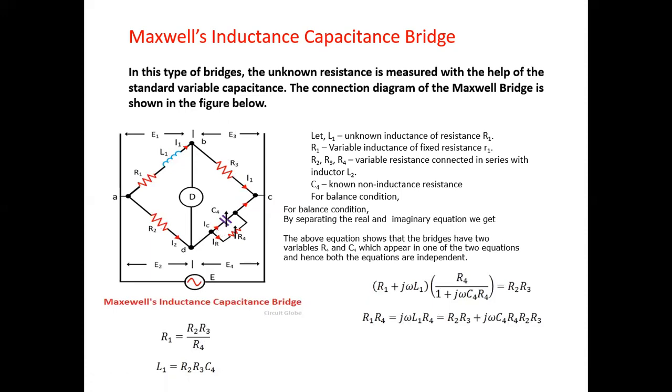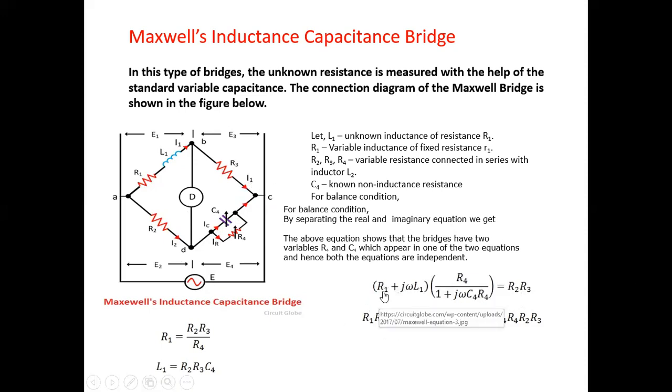By using the bridge balance condition, Z1 into Z4 is equal to Z2 into Z3. Z1 is equal to R1 plus j omega L1. Z4 is equal to 1 upon j omega C4 in parallel with R4, that is R4 upon 1 plus j omega C4 R4. Z2 into Z3 is R2 into R3.